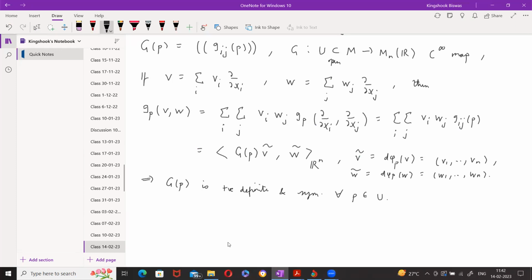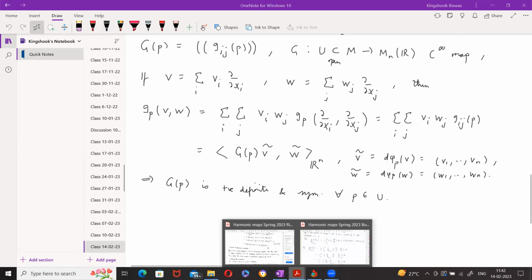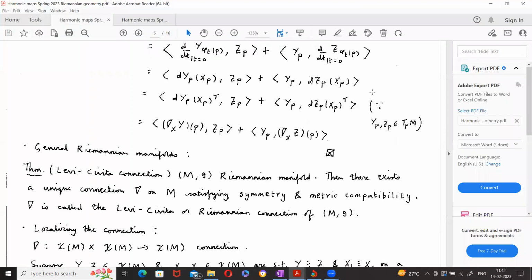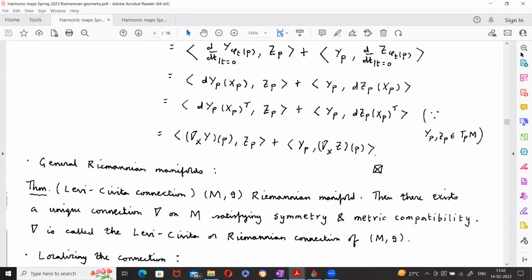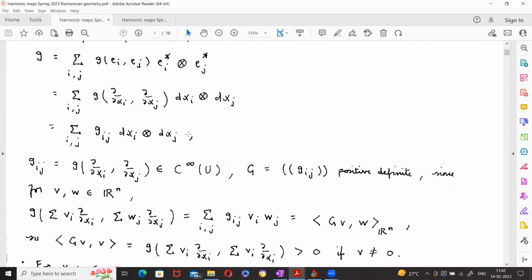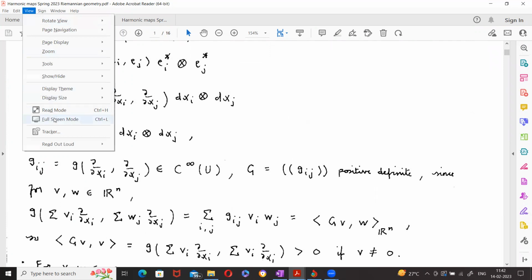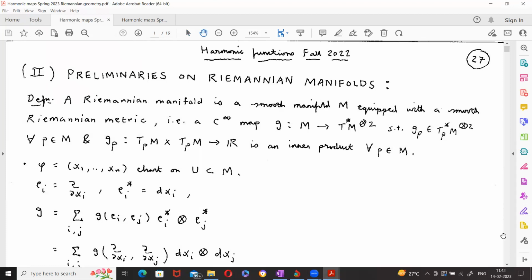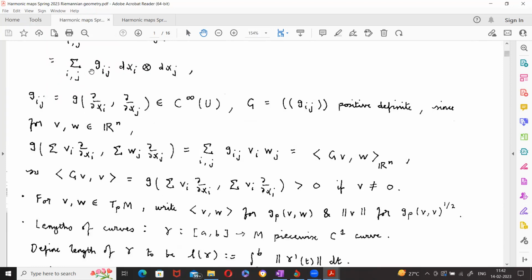Before proceeding, let's look at some things we can do once we have a Riemannian metric. Suppose we have a Riemannian metric given by the sum over ij of Gij dxi tensor dxj, where the matrix Gij is positive definite.